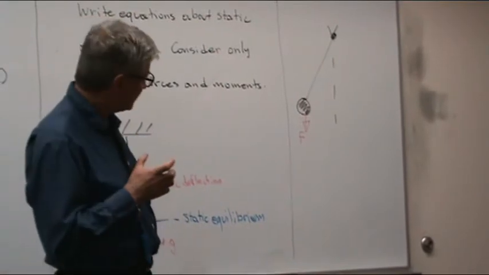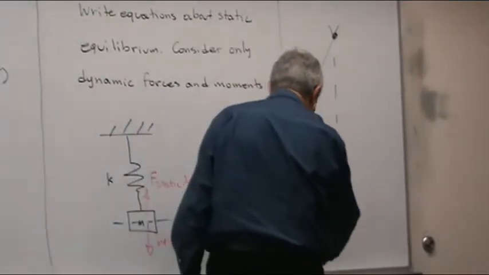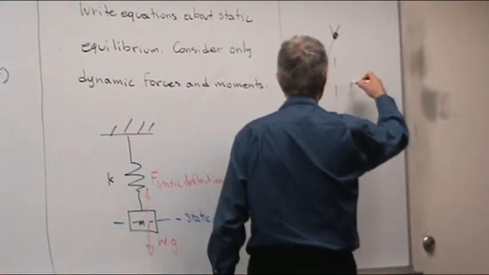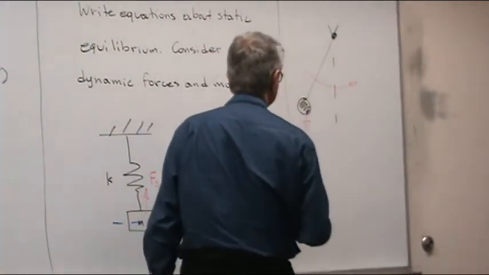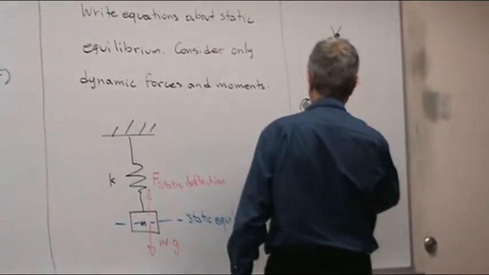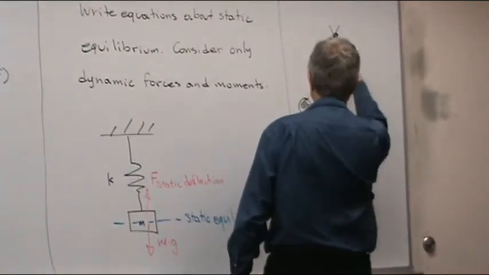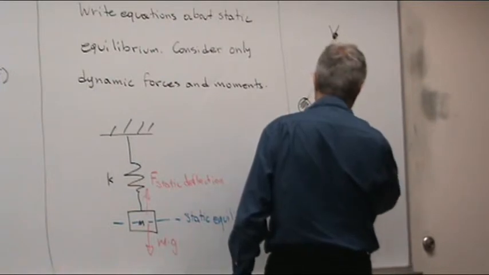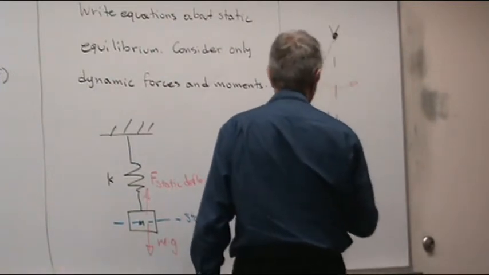Because it generates a moment which is dynamic. As the pendulum swings back and forth, you have a moment about this point, a moment which is time variant.